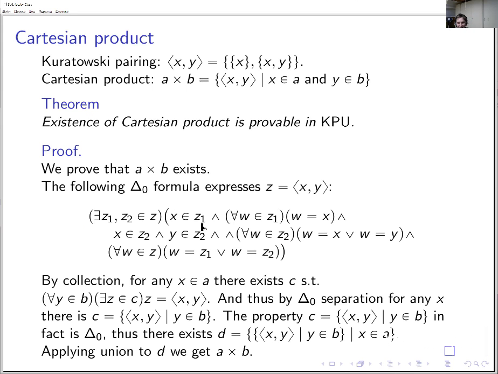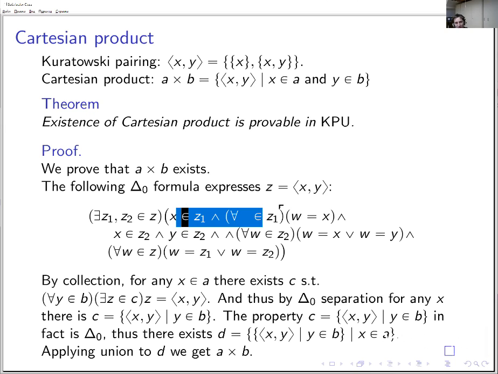Basically it says that there exist two sets that are two elements in the set Z. The idea, of course, is that Z1 corresponds to the singleton x, and Z2 corresponds to the set consisting of x and y.